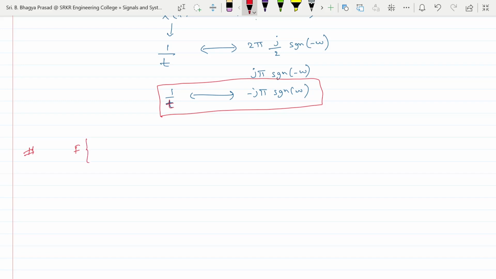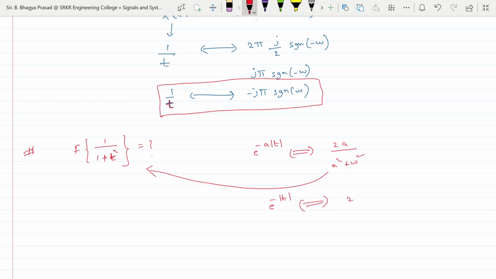If you go for another one, the Fourier transform of 1 by 1 plus t square. For this, I will recall that e power minus a mod t has Fourier transform 2a by a square plus omega square. If you substitute a as 1, e power minus mod t has Fourier transform 2 by 1 plus omega square.